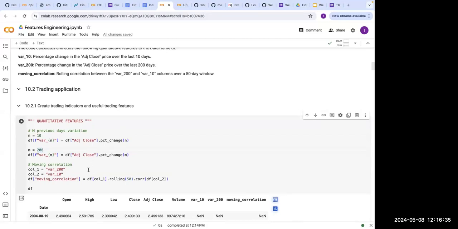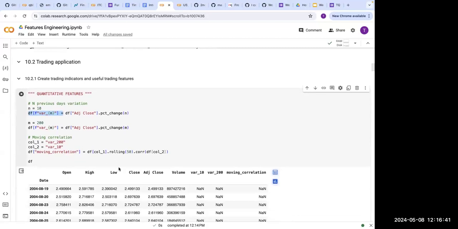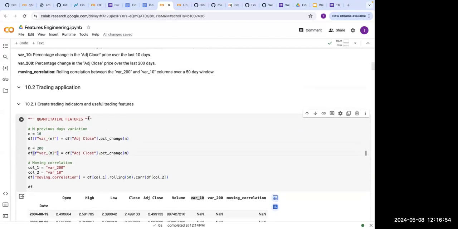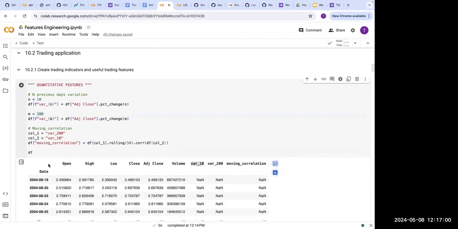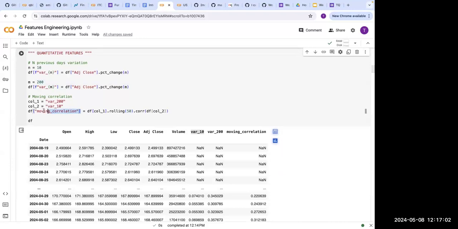So what I'm gonna do is I have taken n equals 10, so that I can give the column the name variance 10. And PCT change is a function called percentage change. So that would calculate how much percentage change happened in the last 10 days. Similarly for 200 days. And then I will calculate moving correlation for these two, right?